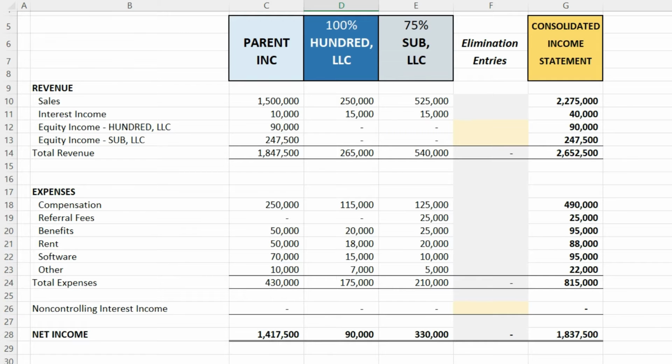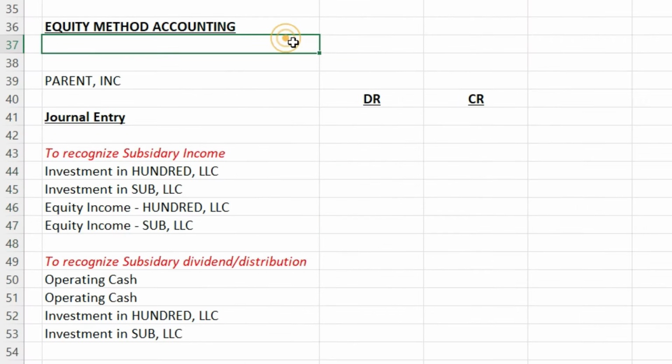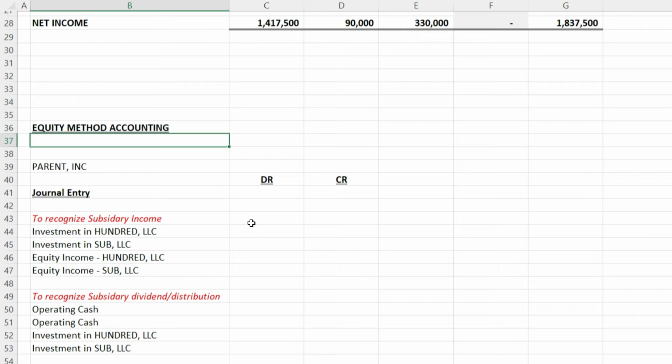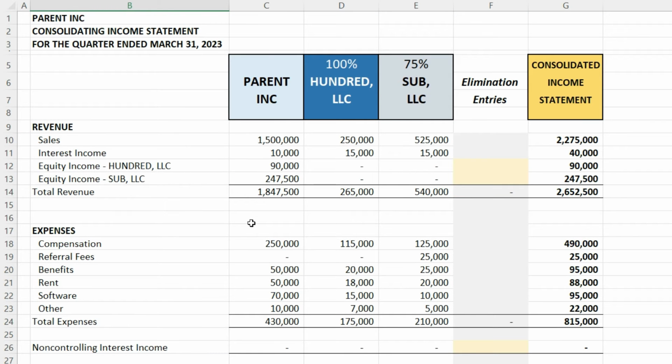So journal entries related to equity income. In this situation, we're just going to recognize the subsidiary's income. I'm just going to go through the entries. Equity income for the investment in both subsidiaries. This is from Parent Incorporated's books. Since Parent Incorporated owns 100% of 100 LLC, they are going to recognize a $90,000 increase in the investment. That's the debit.